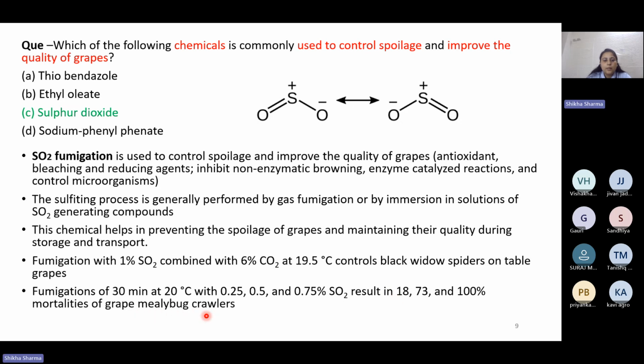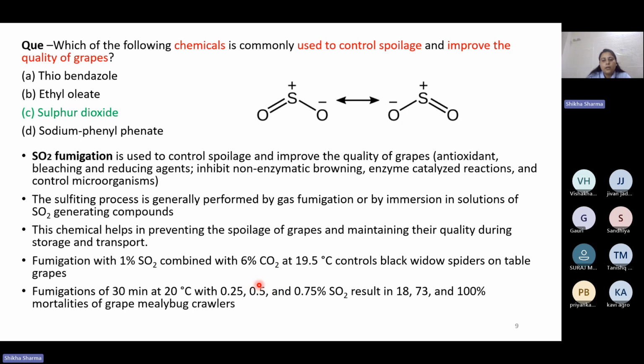This is the mealybug, in grapes. So with 0.25% SO2 treatment, there will be 18% mortality.